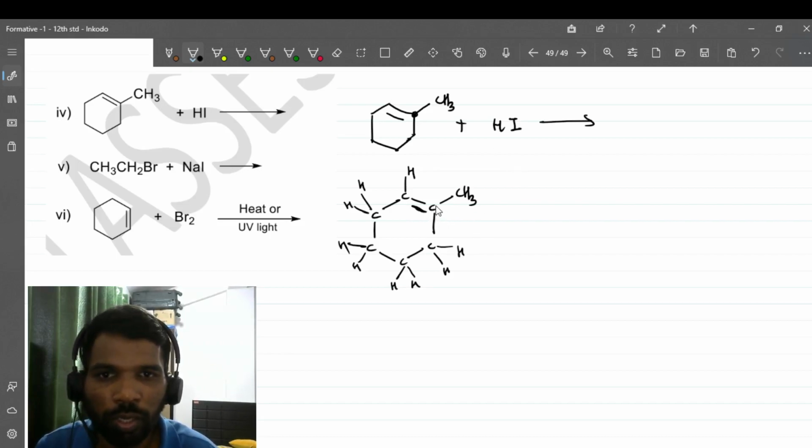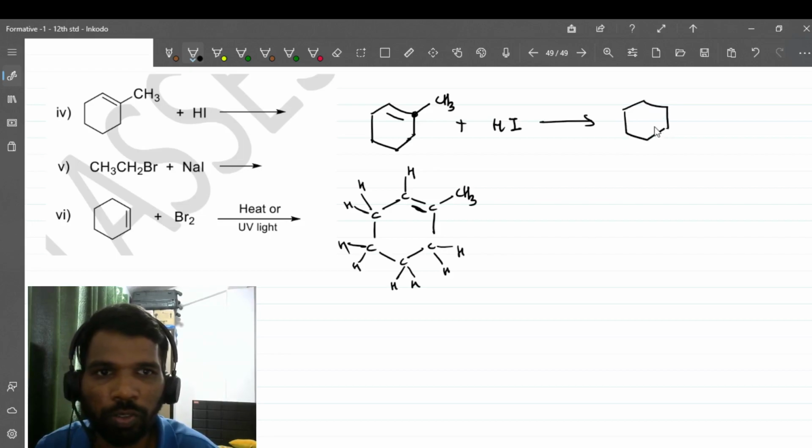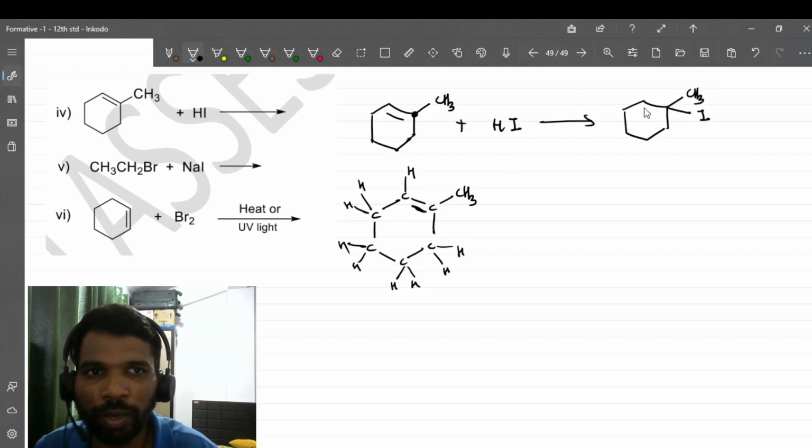So your I should go over here, means your final product should be, it is an addition reaction. Markovnikov's reaction is an addition reaction. So this is CH3. I will go over here and there will be one more H which will be added over here. We don't show that in a bond line structure.